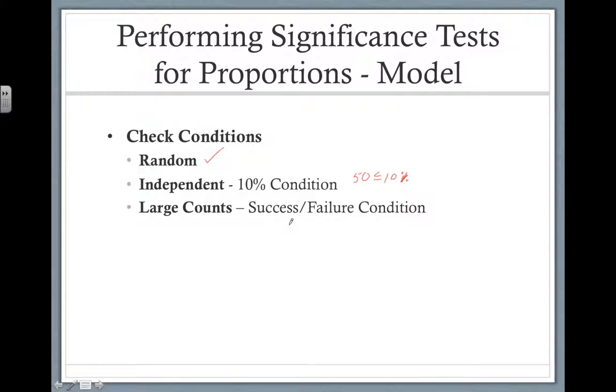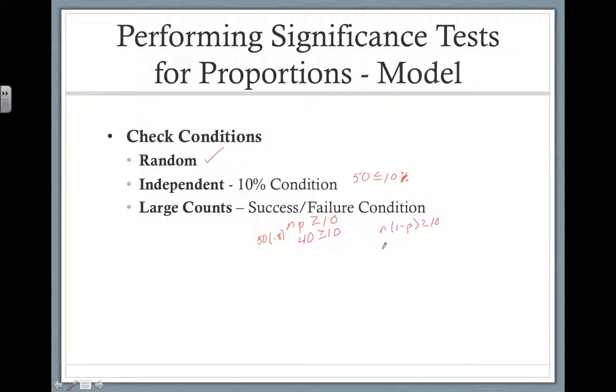Then for large counts, we check that n times p is greater than or equal to 10. That's 50 times 0.8, which is 40. And n times 1 minus p also has to be greater than or equal to 10.